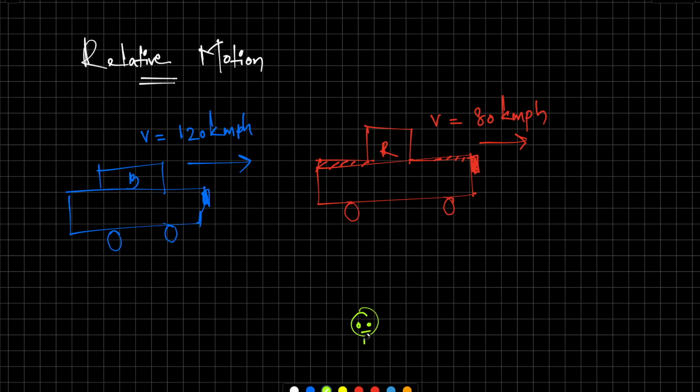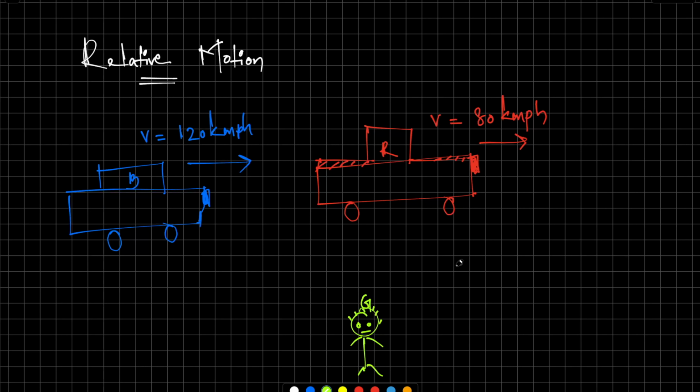Let's say a person is watching the motion of these cars from the ground. He is not moving. So let's call this person G, ground. According to this guy, this blue car is moving with a velocity of 120 kilometers per hour.